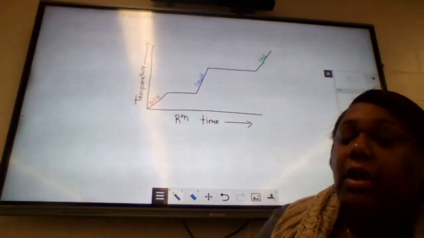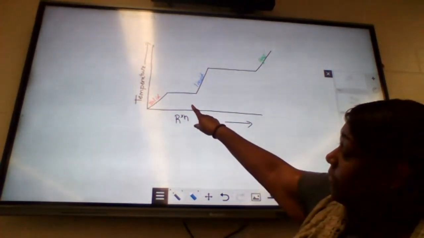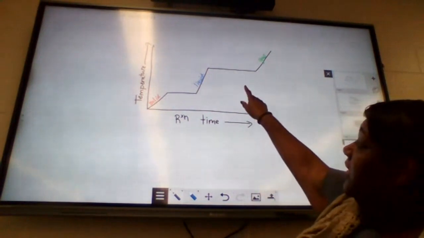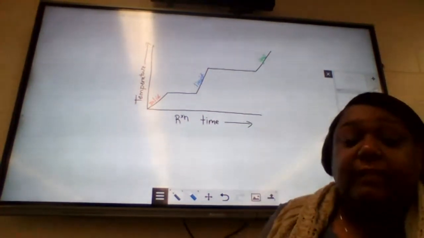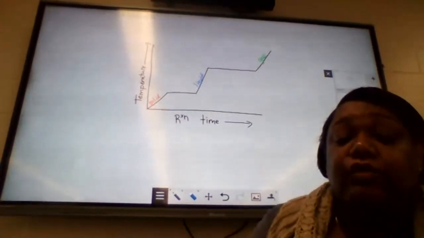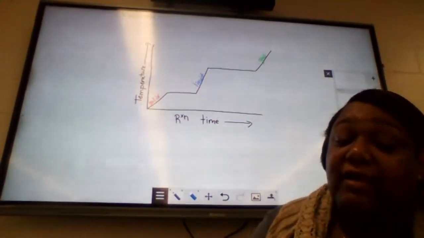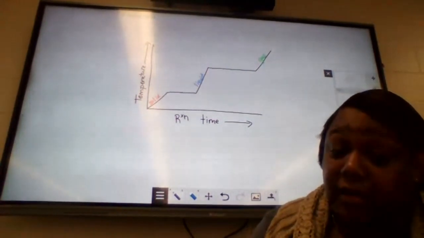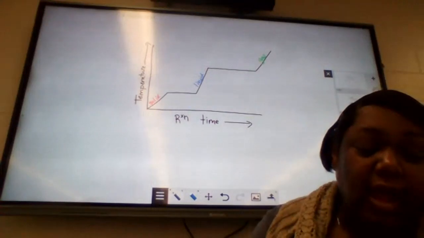And so you'll notice that the line between solid and liquid is shorter than the line between liquid and gas. That's because it takes a lot more energy to make a liquid become a gas than it does to make a solid become a liquid. And we'll spend some time talking about that in just a moment.